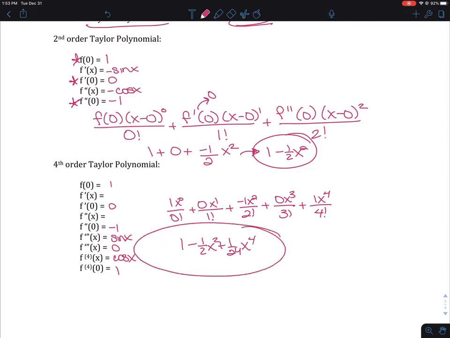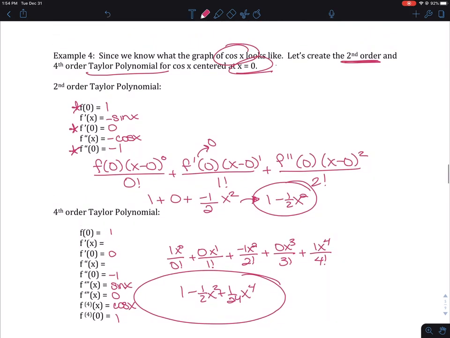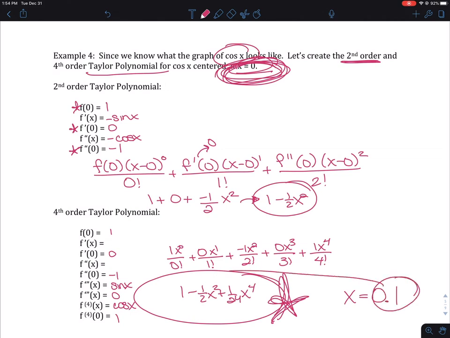Okay. That polynomial can be used to approximate the value of cosine very, very close to x equals 0. And if you use this polynomial, similar to linearization, to approximate something very, very close to 0, like x equals 0.1, then if I plugged in 0.1 for all of my x's, I would get very, very close to what the cosine of 0.1 is equal to.